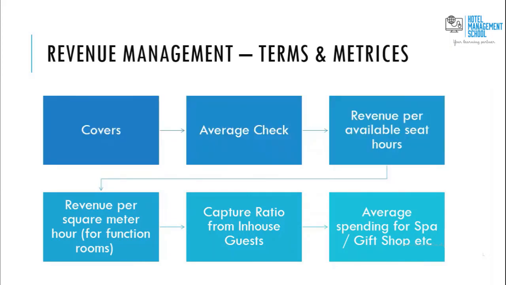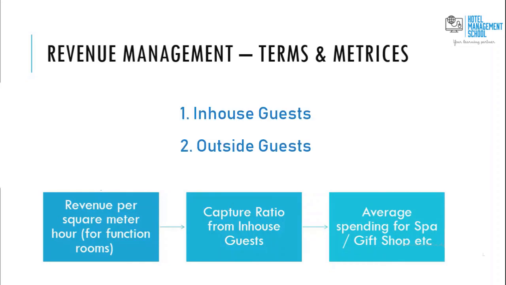You want to know how much each guest is spending, how many guests are going there, and what the capture ratio is from in-house guests or from outside. Whenever we do marketing reports for these departments, we normally split them into in-house guests and outside guests, so that we know how many guests we are getting from the in-house hotel and how many we are able to get from outside.